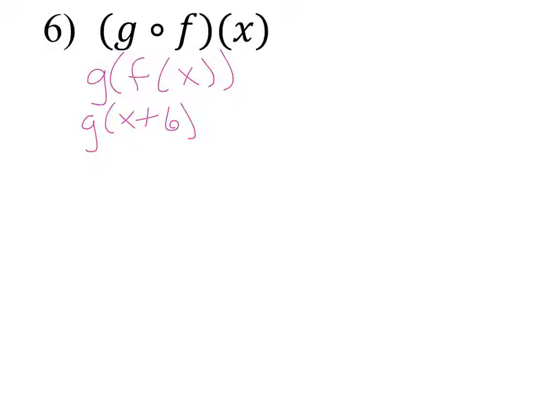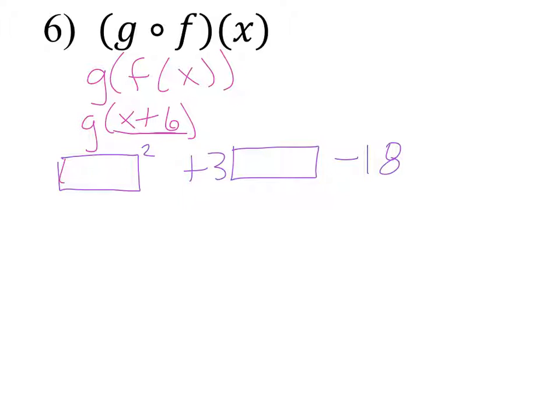Now this is saying wherever I see an x, so this is, my function of g was x squared plus 3x subtract 18. This is saying this is going in for my input. So this is my x squared plus 3x minus 18.